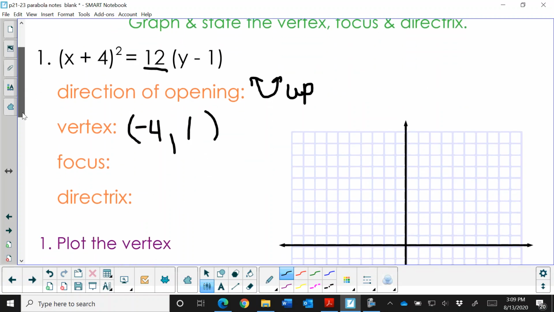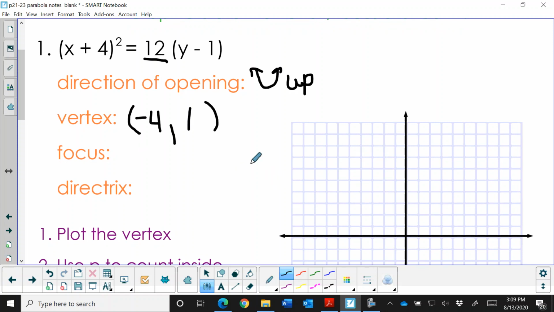Now, to find the focus and the directrix, this is what you're going to do. You're going to start first by plotting the vertex. 1, 2, 3, negative 4, positive 1. We know that the graph is going to face up. This portion, this 4p, is very important.